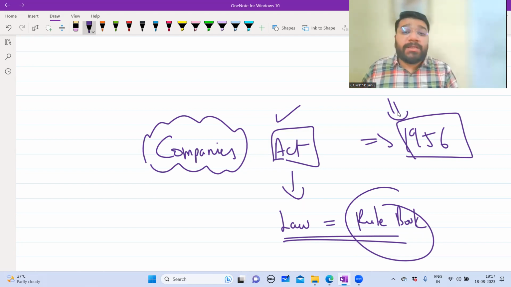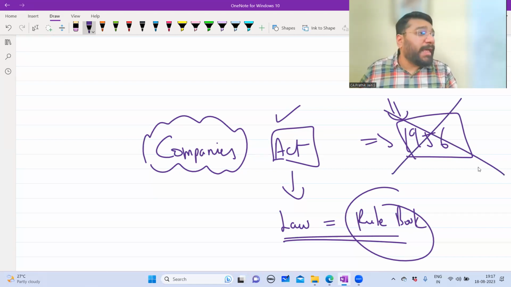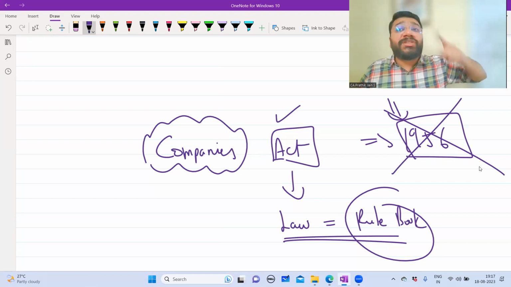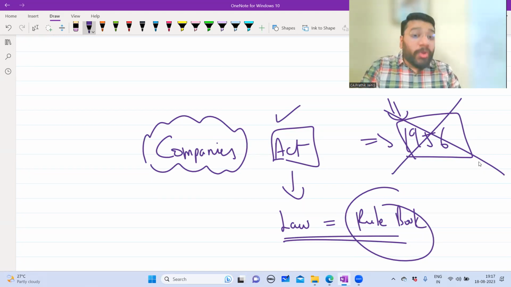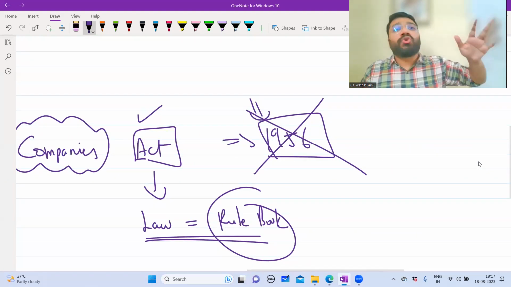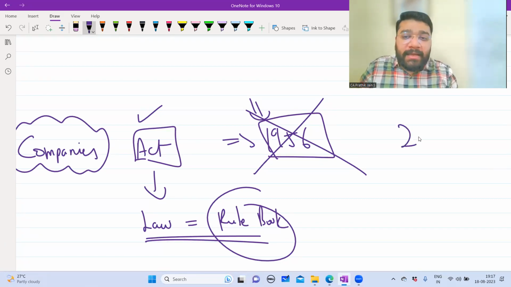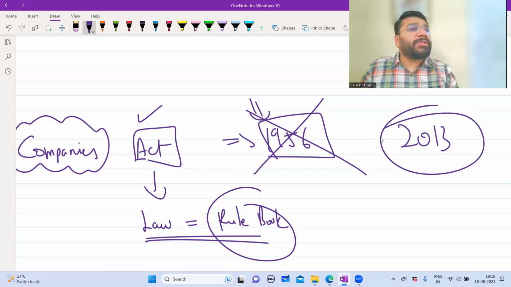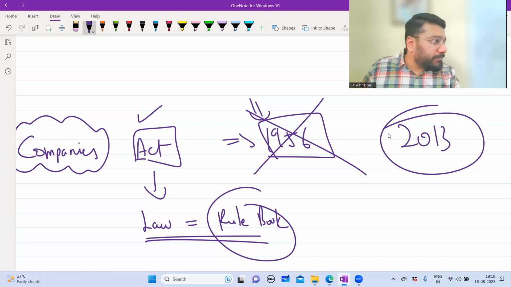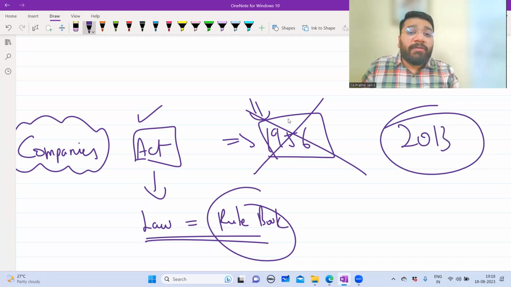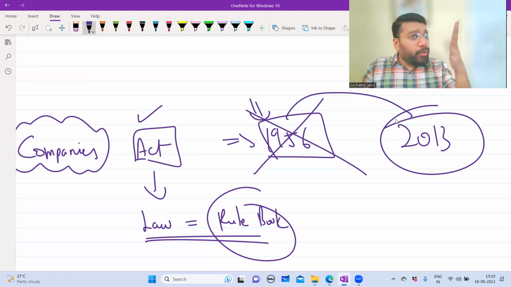So a lot of experts felt that this 1956 law is outdated. We cannot apply that law in the current scenario. It required a major revamp. So in 2013, after so much battle in Parliament, finally they launched a new Companies Act 2013. So, sir, from 1956 to 2013, there were no changes?